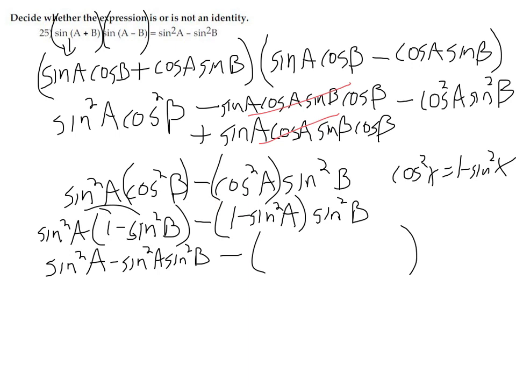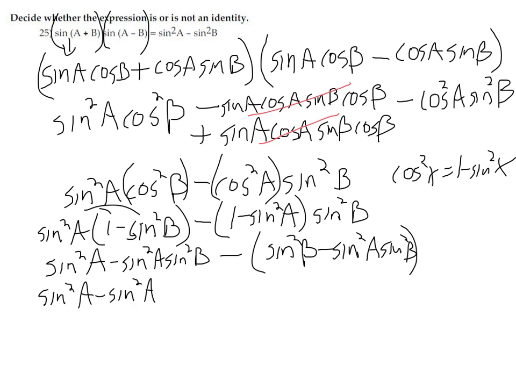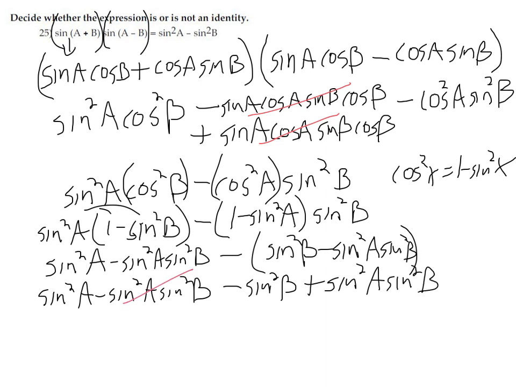So inside: sine squared B minus sine squared A sine squared B. And now distributing the negative, we have sine squared A minus sine squared A sine squared B minus sine squared B plus sine squared A sine squared B. And finally, we get these terms to cancel, leaving us with sine squared A minus sine squared B.